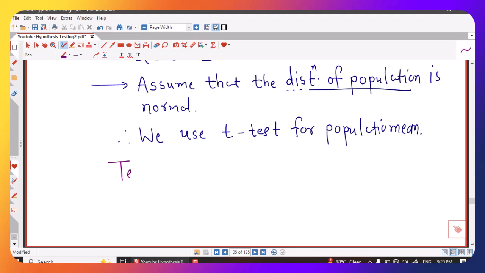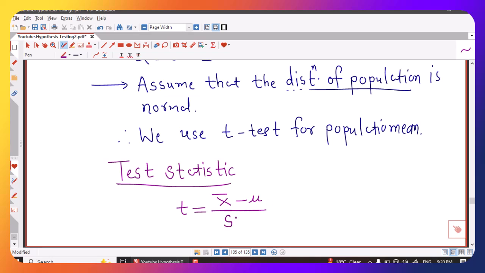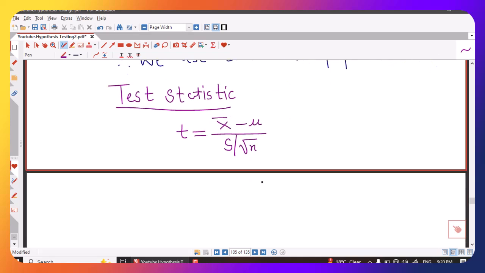We know that for this test the formula for test statistic is t equal to x bar minus mu divided by s divided by square root of n. We are given all these values.